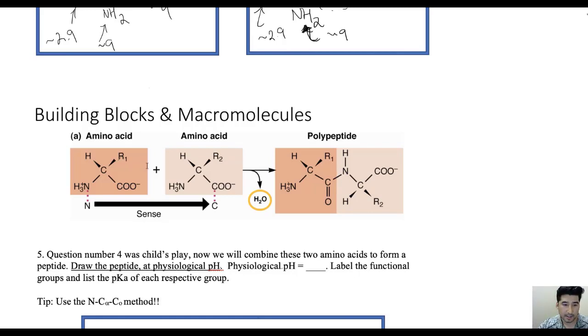So if you see here, this amino acid and this amino acid came together, so they lost water, and really what they lost was two of these hydrogens, and they lost 1 oxygen, which became that water. So these 2 amino acids come together in a dehydration reaction. That's good to know. It's a dehydration reaction. And they form a polypeptide.